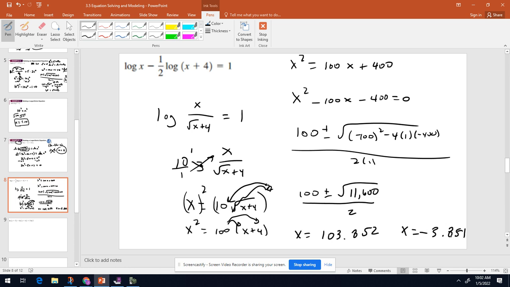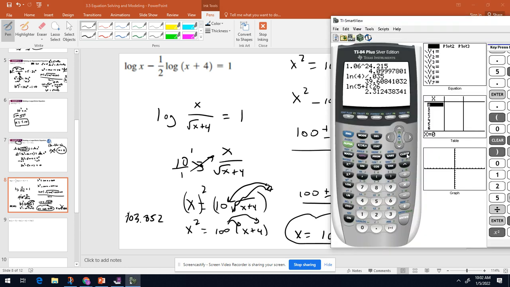Okay, now look, if I plug in this negative, it gives me a log of a negative. That will be undefined. So right here is my answer. And again, you can always go back and plug that in, right? That was 103.852.